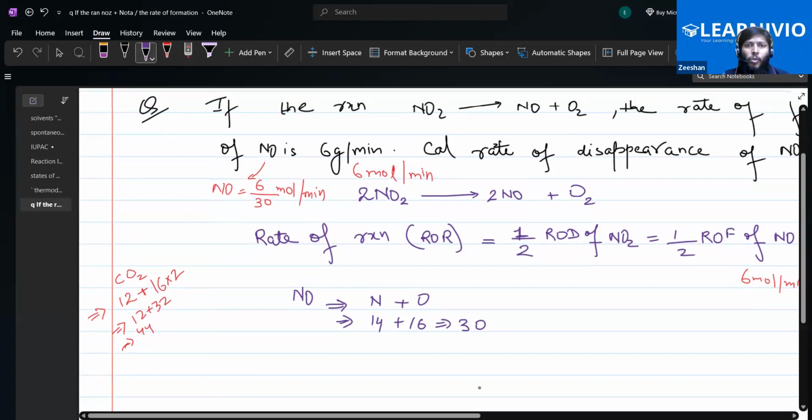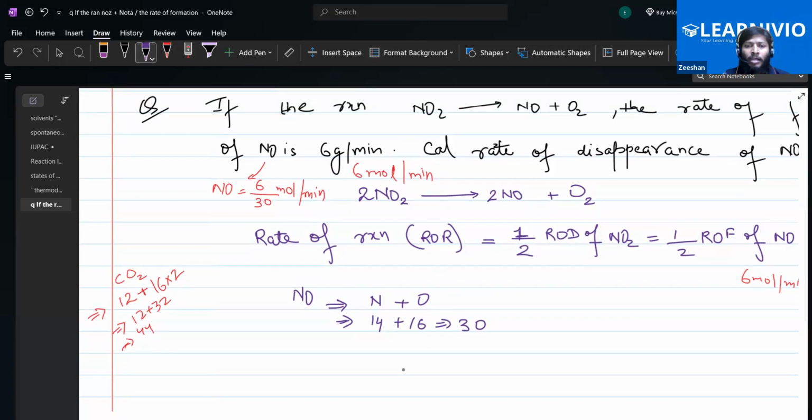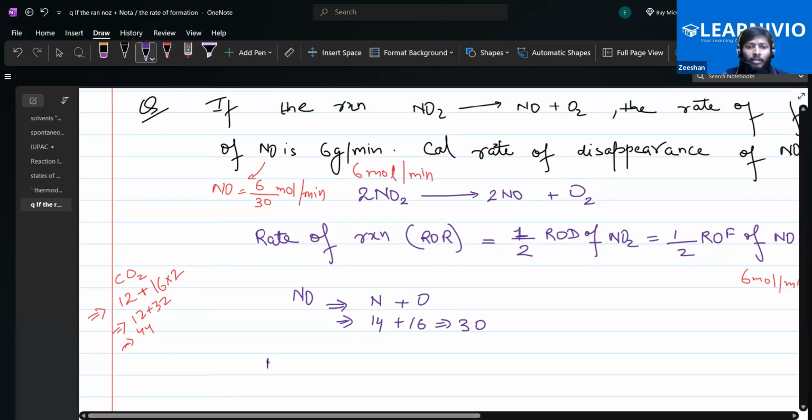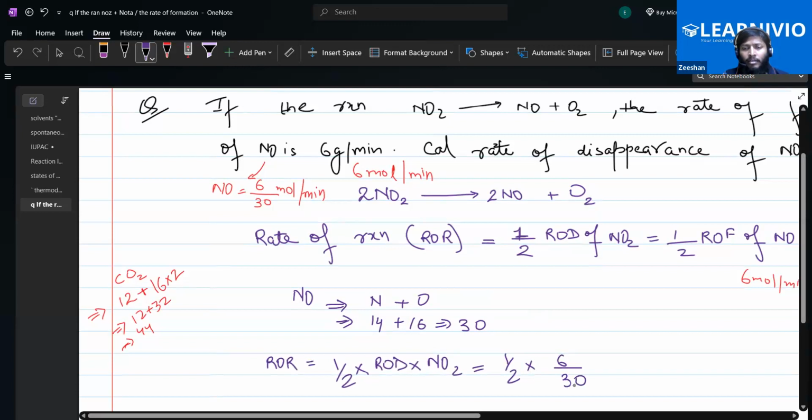The rate of reaction is 1 by 2 times the rate of disappearance, which we have to find out. Rate of disappearance of NO2 is equal to half times the rate of formation of NO, which is 6 by 30, right?